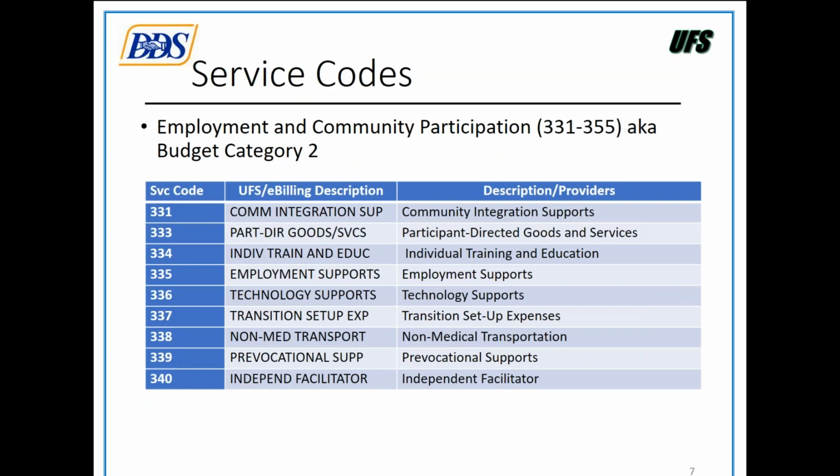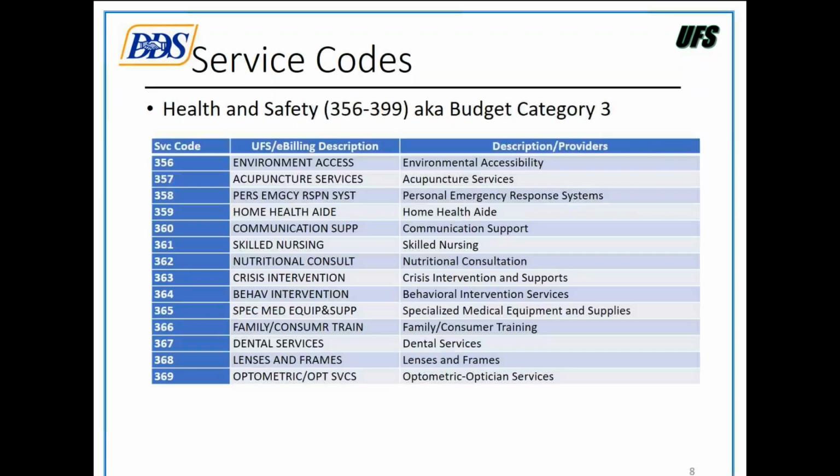I apologize. The second budget category is employment and community participation. These are service codes 331 through 355. They'll include most of your support services and non-medical transportation. And our largest distribution of service codes is in the health and safety section, or budget category 3, 356 through 399.